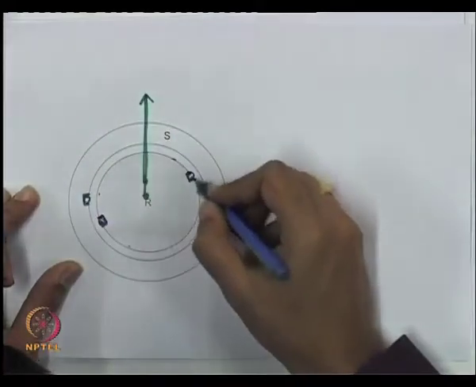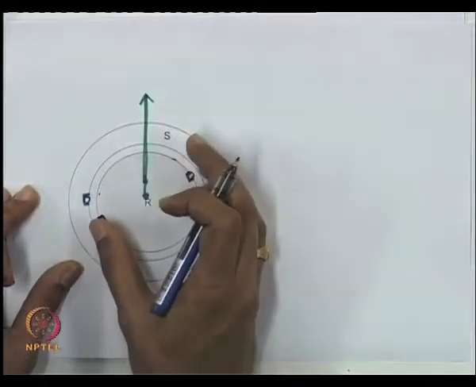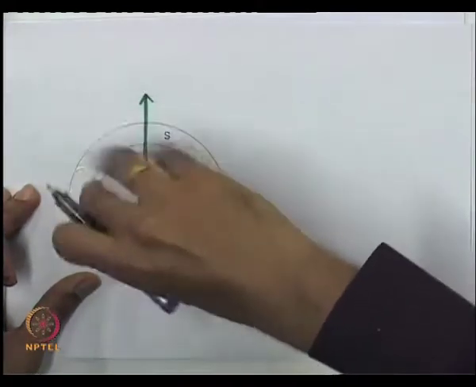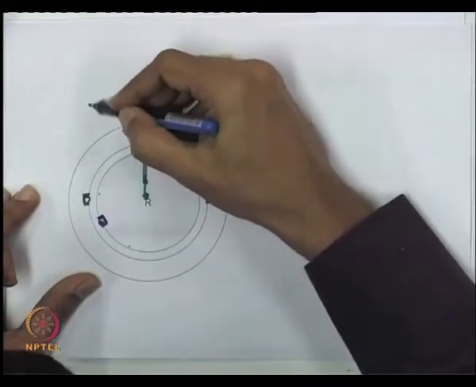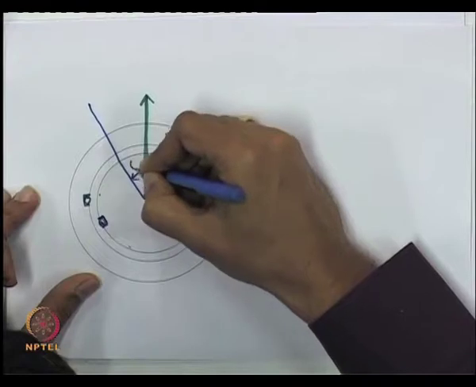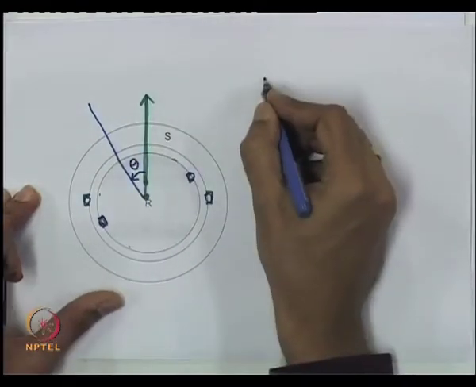So, the field winding axis, at a given point of time, is aligned at an angle theta. Remember the field is rotating, this rotor is rotating.